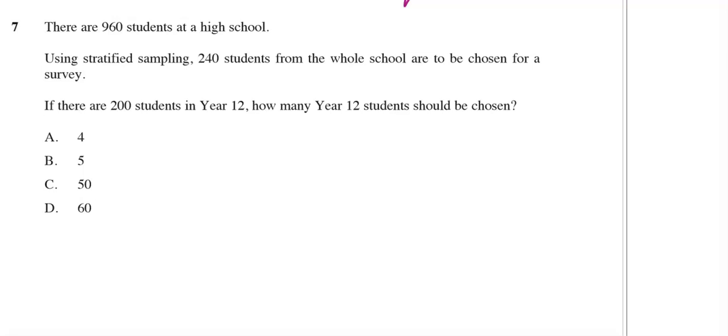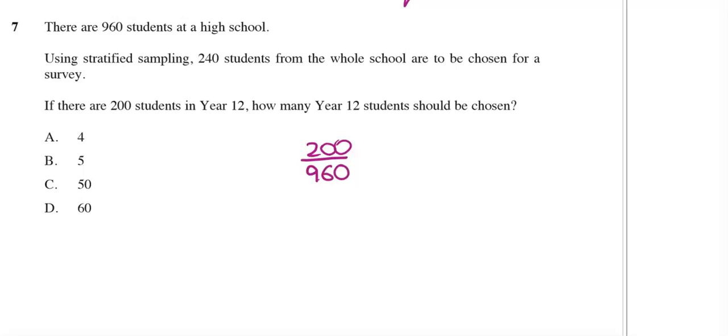Question 7. There are 960 students at a high school. Using stratified sampling, 240 students from the whole school are to be chosen for a survey. If there are 200 students in Year 12, how many Year 12 students should be chosen? Pause here to try yourself. Okay, so we know that the proportion of students that are Year 12 is 200 of the 960.